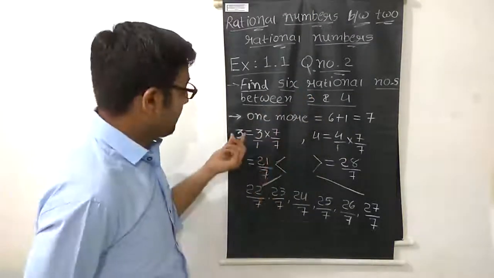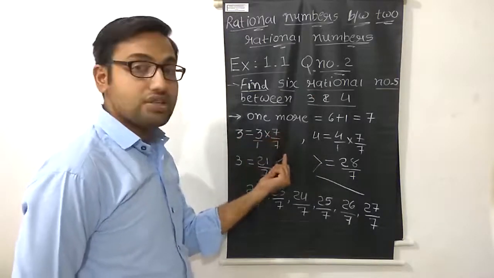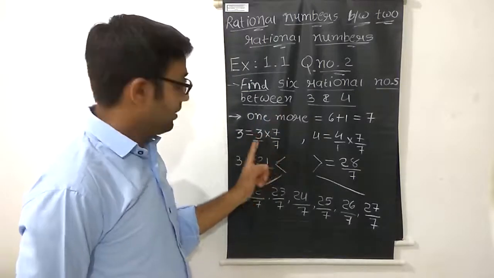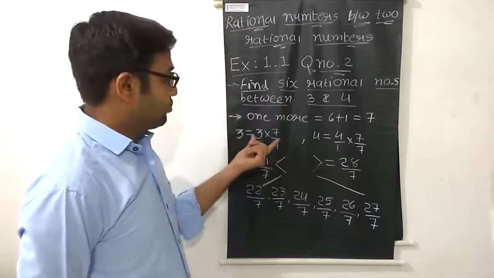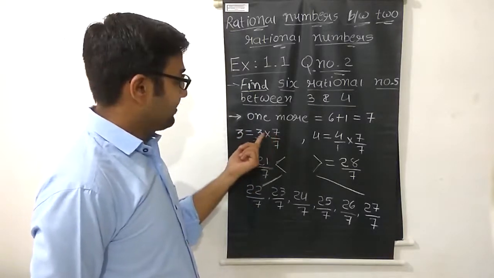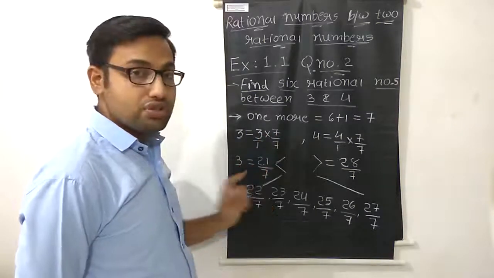How? See, 3 is equal to 3 into 7 upon 7. That means if 7 cuts, it will remain only 3. So we are not changing the value, right? Multiplying numerator with numerator, we get 7 into 3, that is equal to 21, and 7 into 1, that is equal to 7.